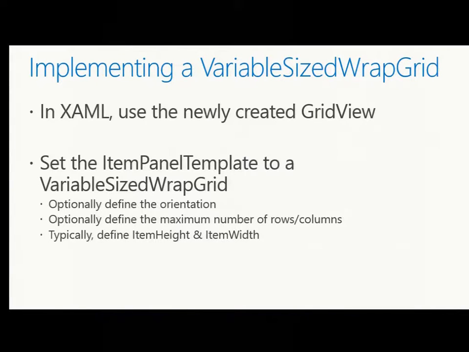There's a few more possible options you can set here. Of course, in this item panel template, just as with other item panel templates, it has properties like margins and stuff like that, which defines the margins around each item. But the nice thing is you can also optionally define the orientation, whether or not it should go horizontal first and vertical afterwards, or exactly the other way around. And what's also interesting is the maximum number of rows or columns can be defined. So that's one property.